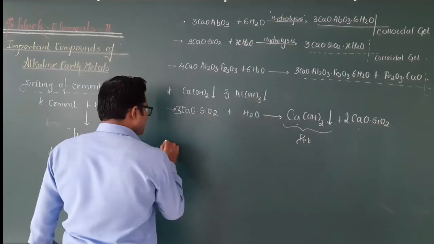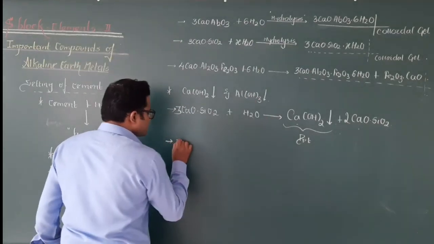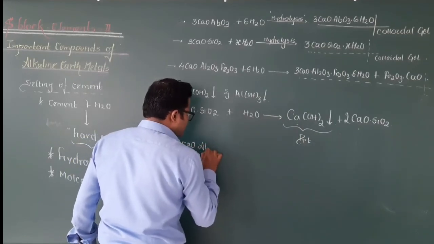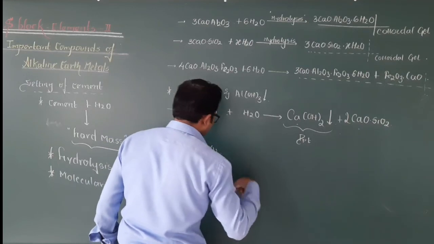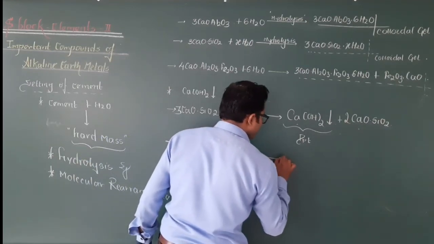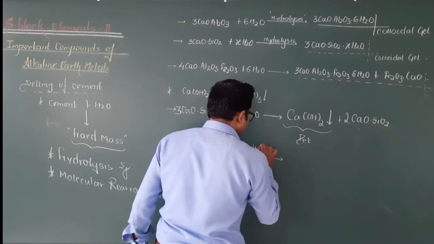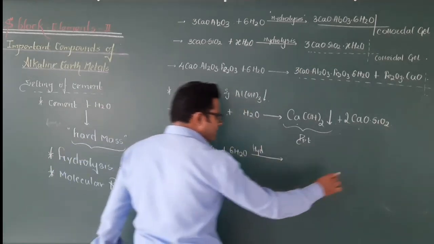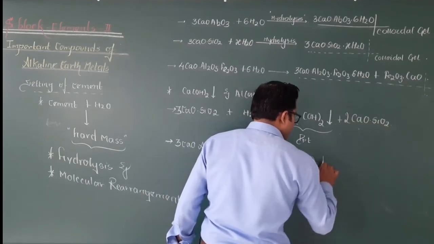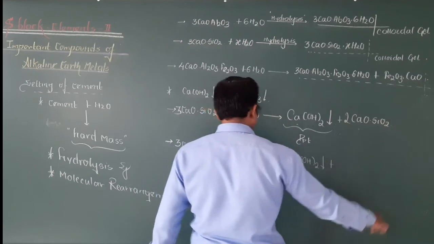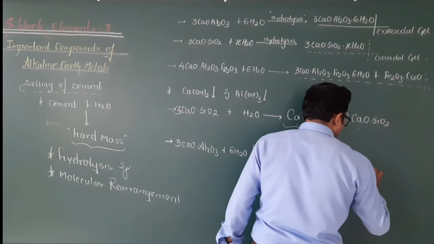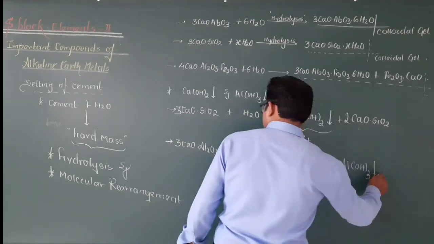Similarly, when we take 3CaO·Al2O3 upon hydrolysis with 6 water molecules, we are going to have Ca(OH)2 plus Al(OH)3.